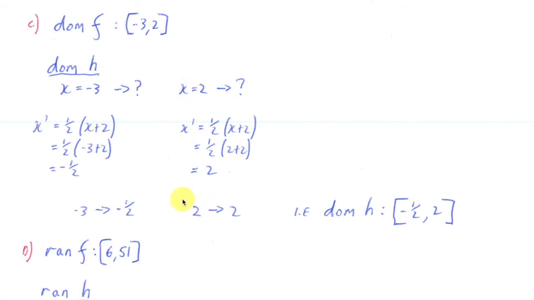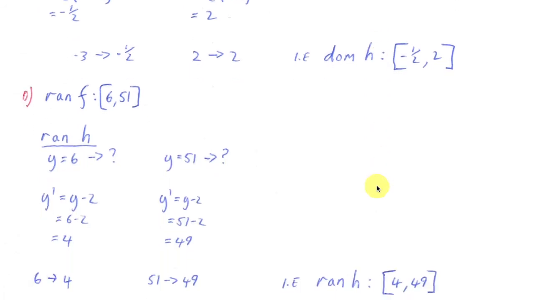So what we can see here, guys, is that with the original domain for f of x being between negative 3 and 2 including, then the negative 3, because of the transformations, is going to be moved to negative a half, and the positive 2, because of the transformations, is still going to be a 2. So our domain for h is going to be from negative a half to 2, including both endpoints.